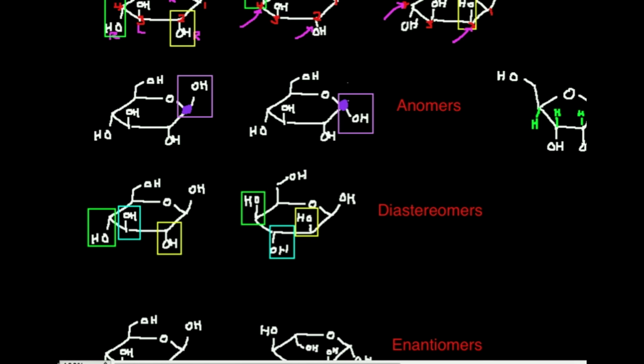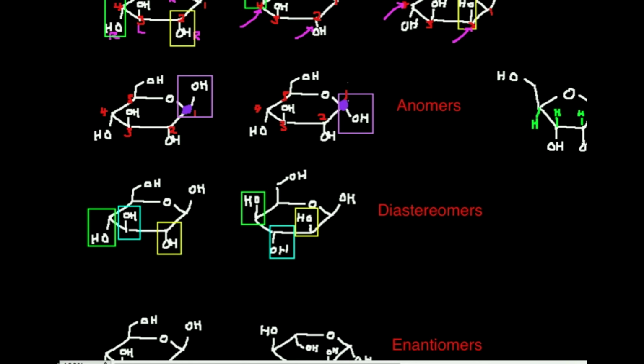An anomer is an epimer, but the requirement to be an anomer is that the 1 position has to be flipped. It is always the 1 position. So 1, 2, 3, 4, and 5. This position that I've highlighted in purple is the one that has to be flipped for this to be an anomer.